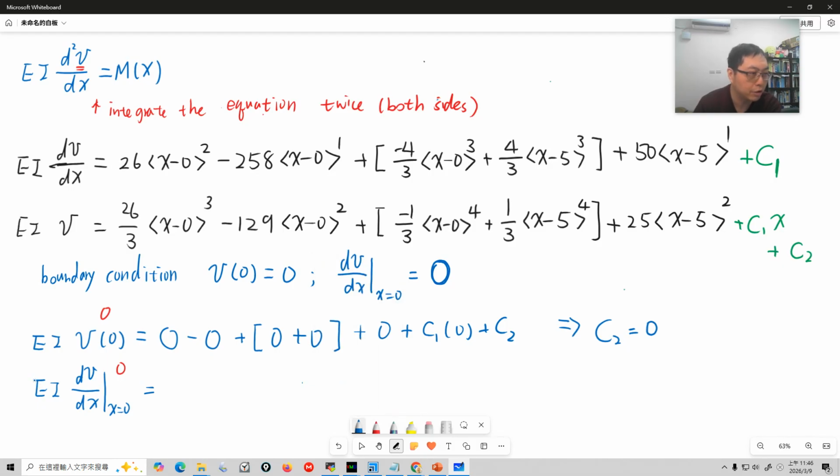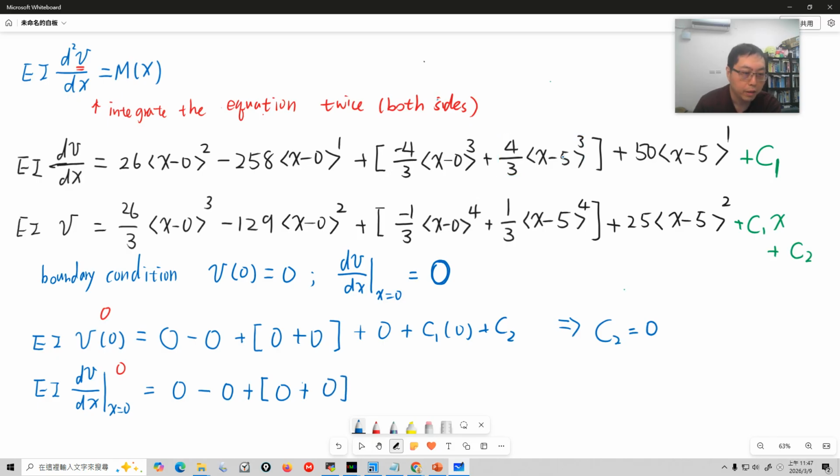Here is 26, and put 0 in there. 26 times 0, so it's 0. The next one, 258 times 0, that's 0. And then plus minus 4 over 3 times 0, so it's also 0. Plus 4 over 3 times (0 minus 5) to the power 3, but this is a discontinuity function with the bracket less than 0, so the whole function is also 0.